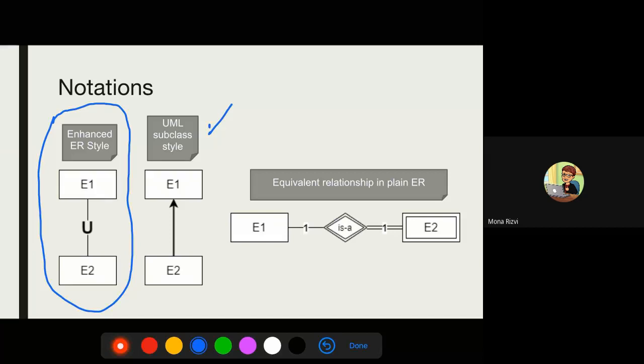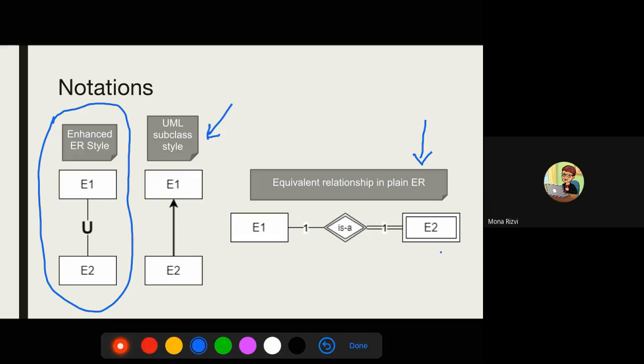In regular ER that we're used to, this is the equivalent notation: E2 is in an identifying one-to-one relationship with E1. In that case, it means that E2 shares the same identity as E1, and it must be in that relationship.